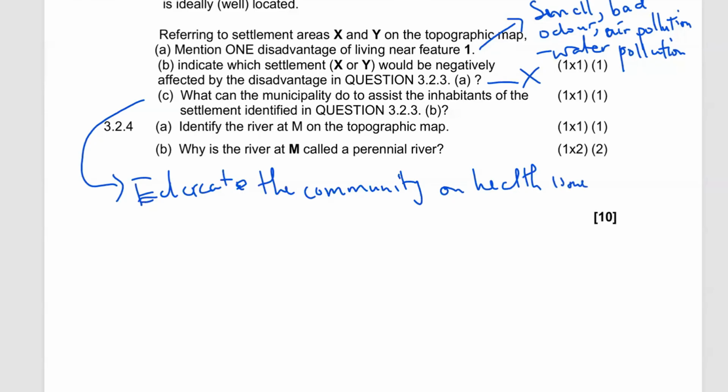Educate the community on health issues. It's important to equip people with knowledge on health issues so that they take preventive and corrective measures.